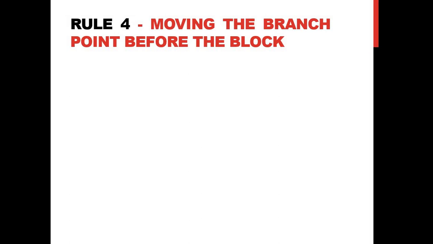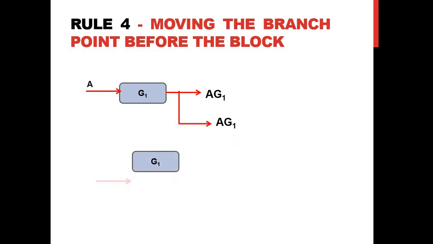Rule number 4, moving the branch point before the block, just opposite to rule number 3. We have a block called G1 whose input is A and we have a branch point here. The output we have here is AG1. Now the same block called G1 has the same input called A. We have the output called AG1. Now this branch point should be moved before the block.